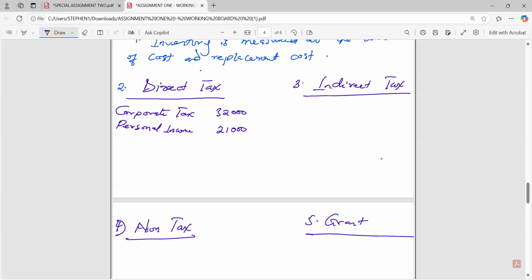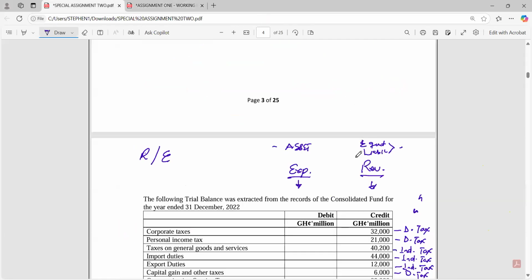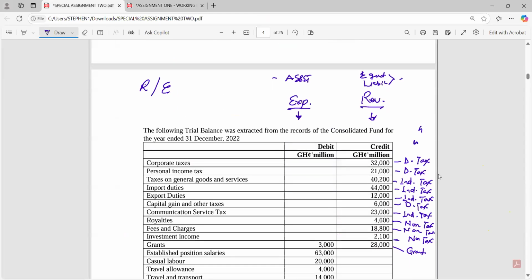We have capital gain tax, 6,000. Good. I've done this. Capital gain tax, 6,000. Can you see that?